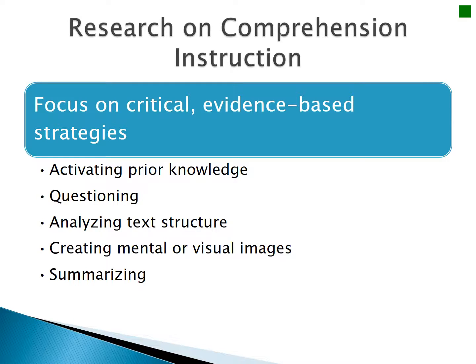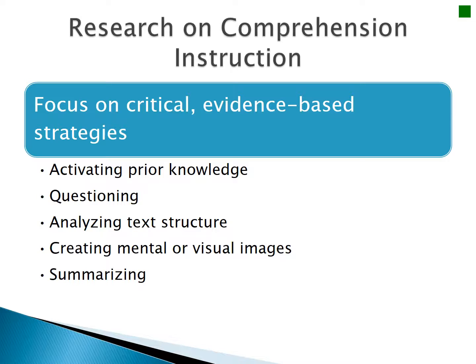Good readers very typically are able to read and do many of these processes almost effortlessly. And it's when our students don't do it effortlessly that we have to be really intentional about how to help them best make meaning as they read.